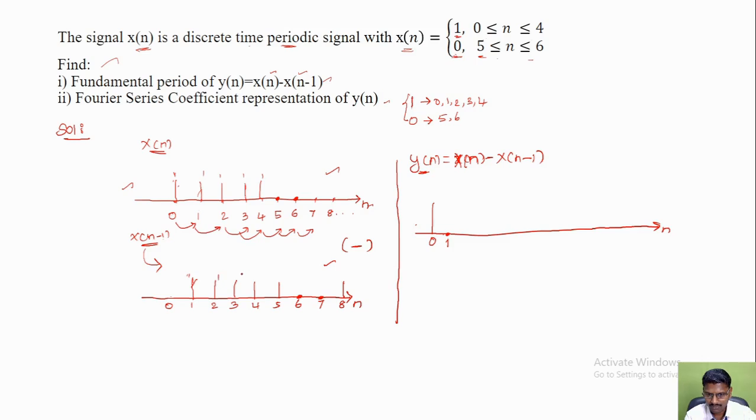Let me write the amplitude levels so that it is easy for us to subtract the values, right?